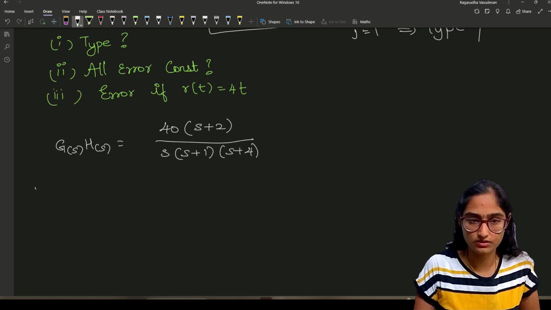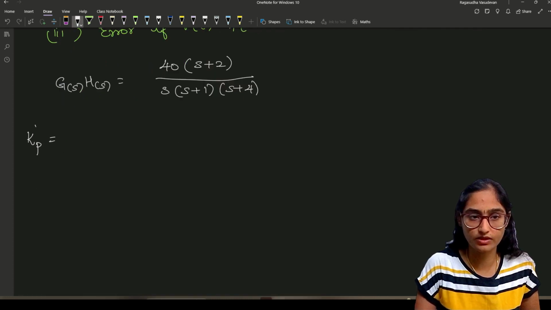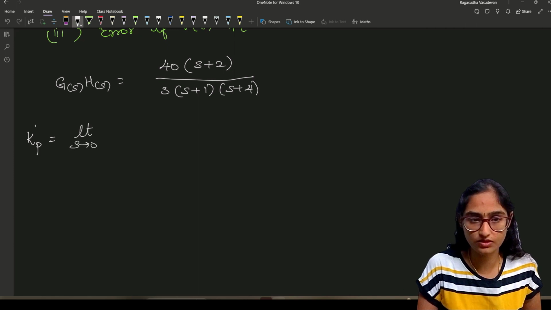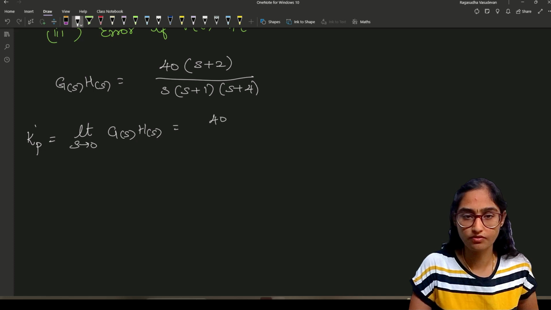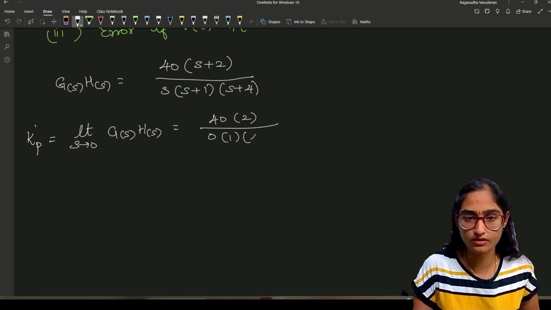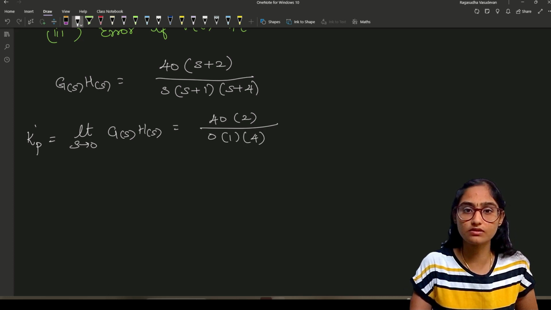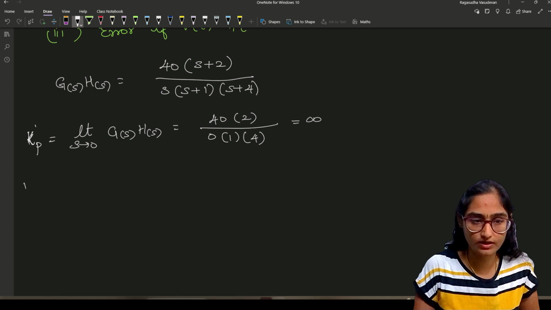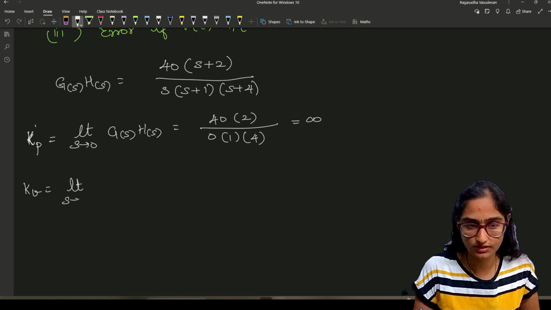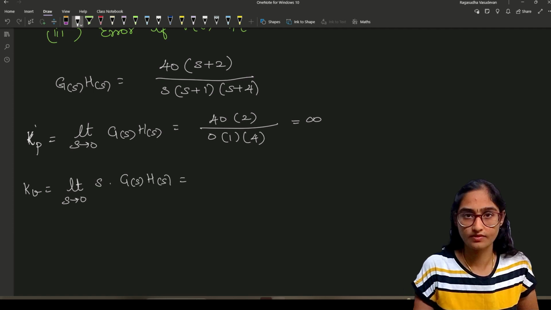Positional error constant Kp is equal to limit s tends to 0 g of s h of s, which is equal to 40 into 2 divided by 0 into 1 into 4. So anything by 0 is infinity. Okay, so what is the value of velocity error constant? This is limit s tends to 0 s into g of s h of s. Correct.